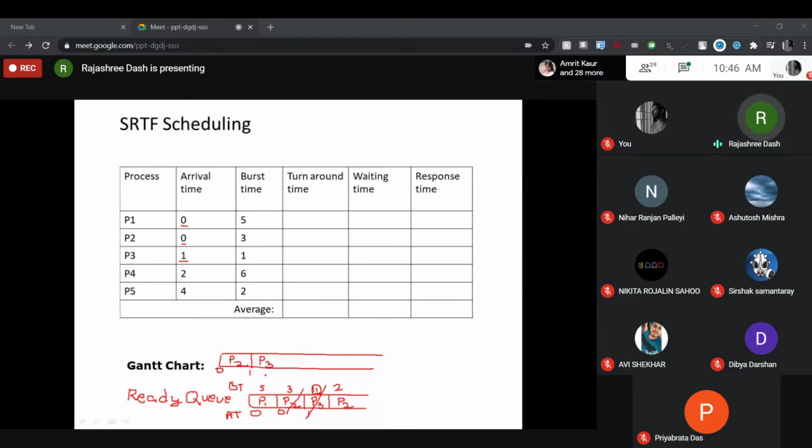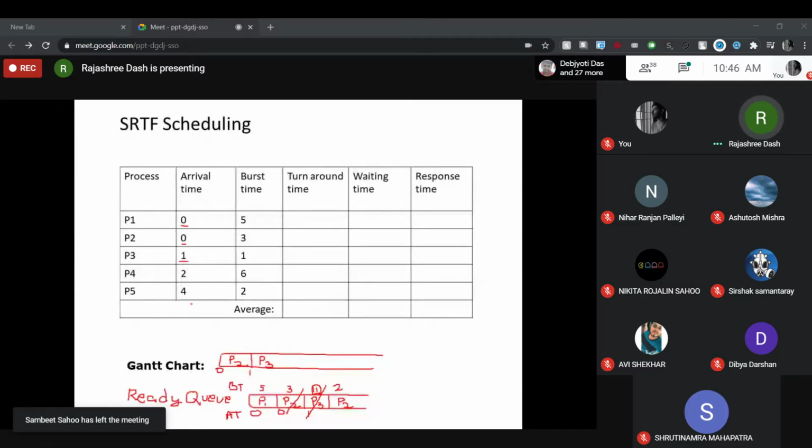So all of you listen once again. Here, in case of preemptive scheduling, preemptive SJF, Ma'am, why are you taking P2 first in the Gantt chart? Okay. All of you just compare.